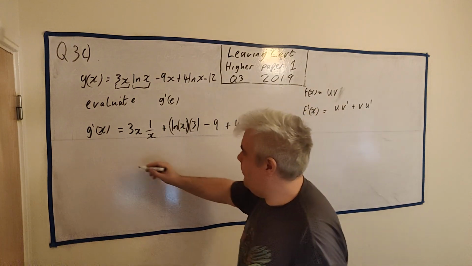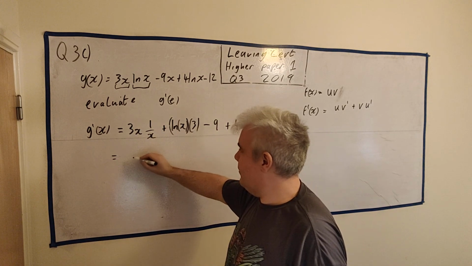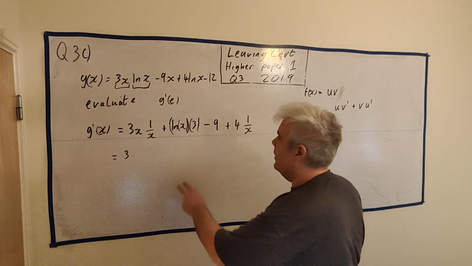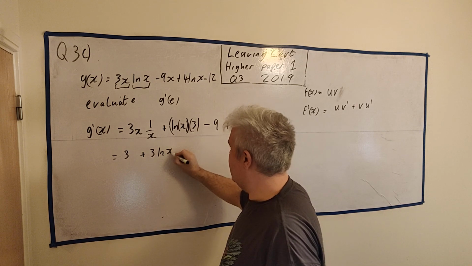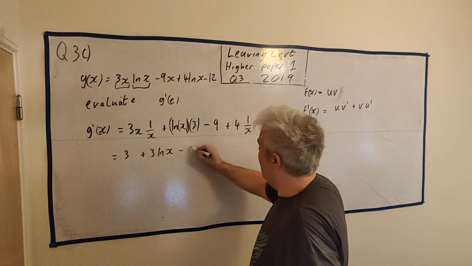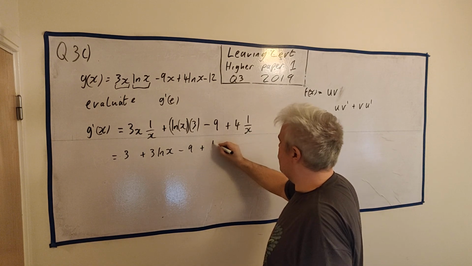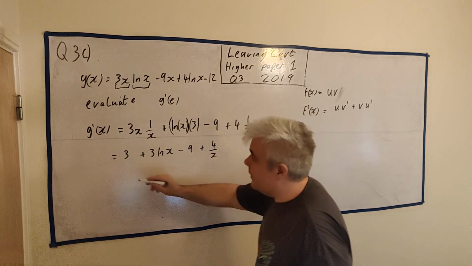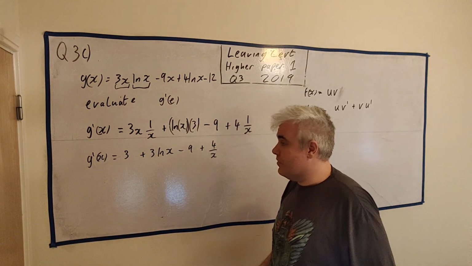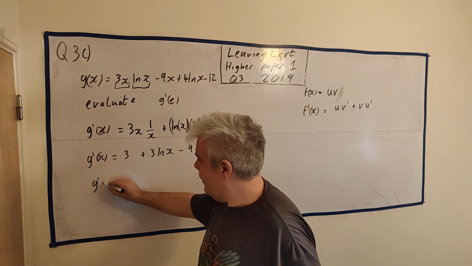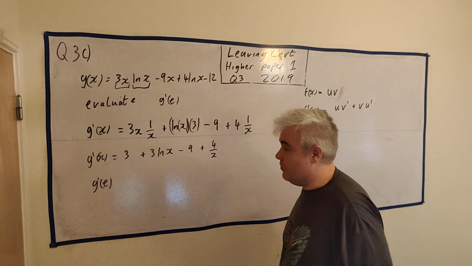Let's clean this up a little bit. We get 3x divided by x is 3. We get plus 3 natural log x, and we get minus 9 and plus 4 over x. That is the derivative. You've got yourself some marks there. To get yourself full marks, they want you to evaluate when e goes into it.